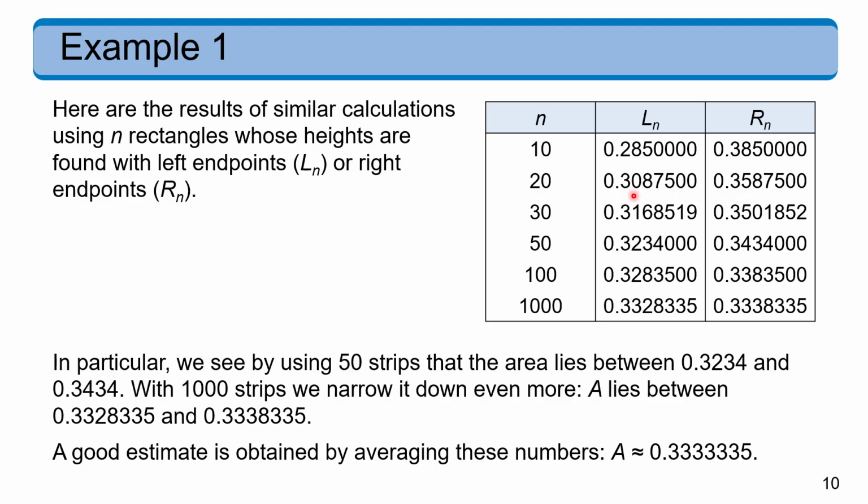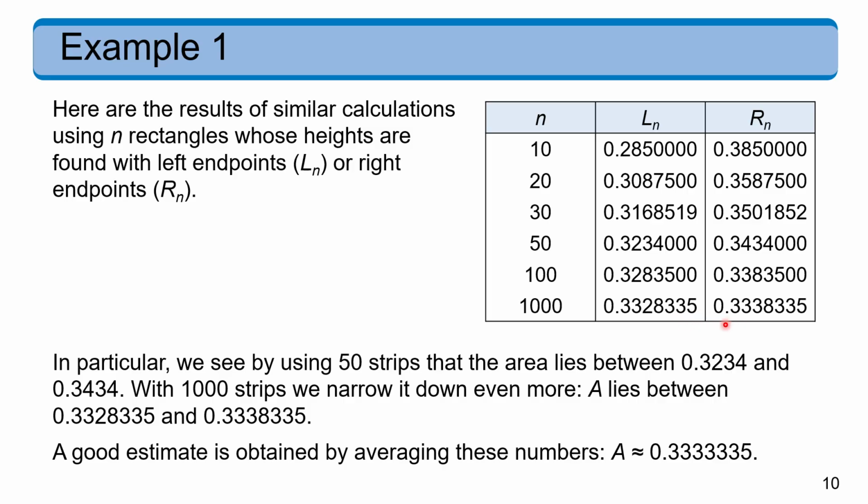It's between 0.31 and 0.36. And then we go to 30, 50, and so on. Notice by the time you get to 1,000, it's really narrowed down quite a bit. Our lower estimate is 0.33, etc. The upper estimate's 0.33, etc. Right? They're very close. So we've really zoned in on the area of A is between these two numbers.